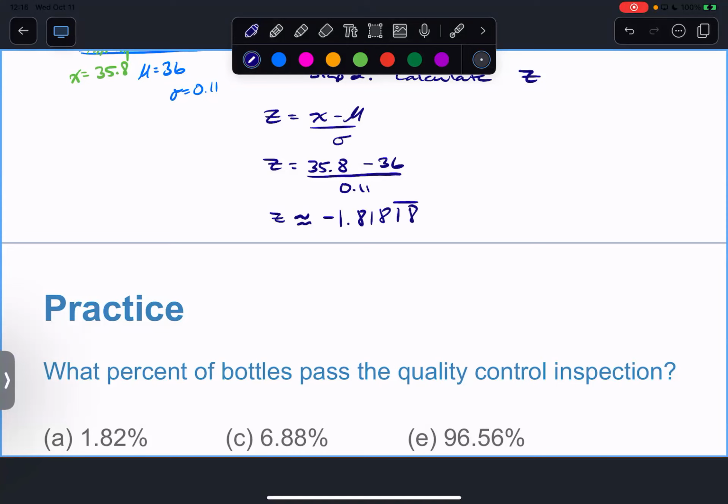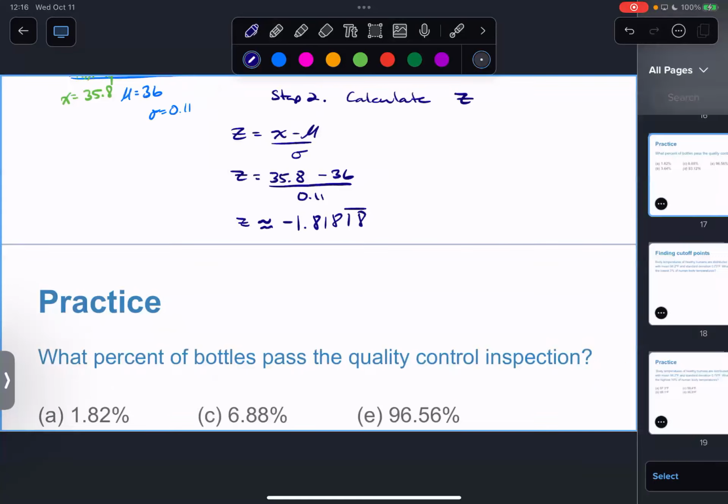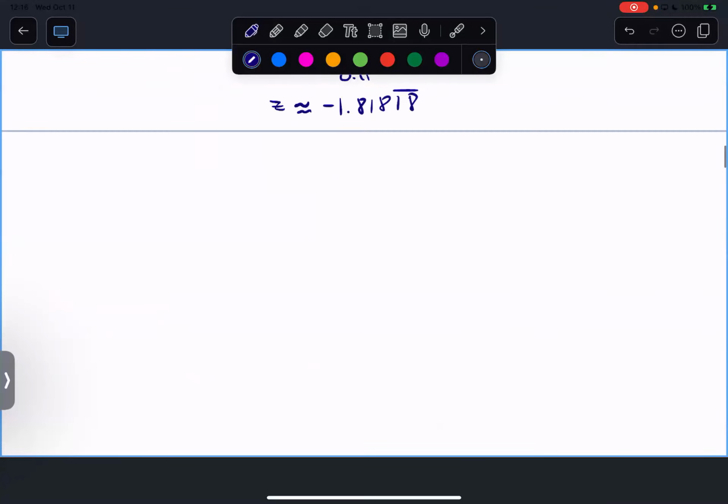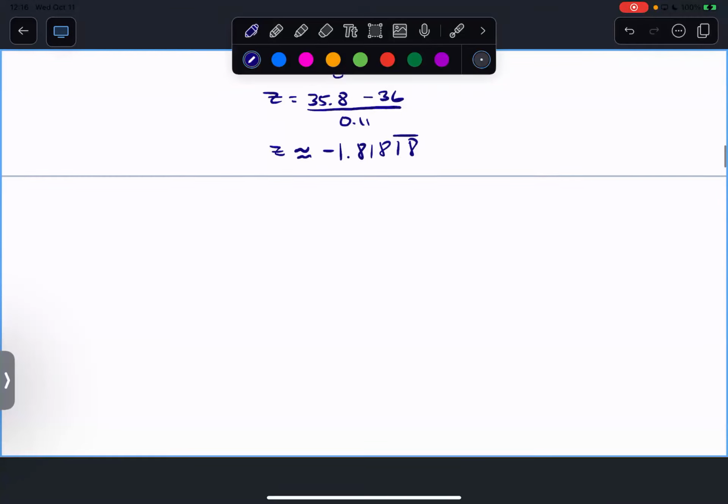Now, as a rule, so that's your Z, that's fine. If you have software, it would be able to handle that. But our table only has 2 decimal places, right? And so that means that you have to round properly to 2 decimal places. So I'm going to add a step.